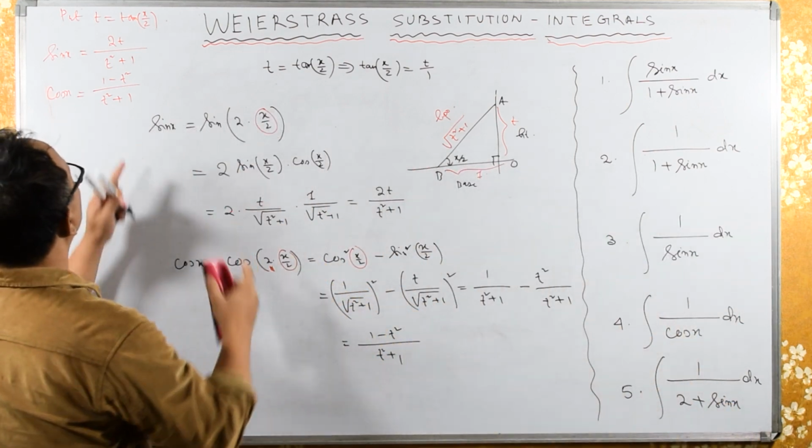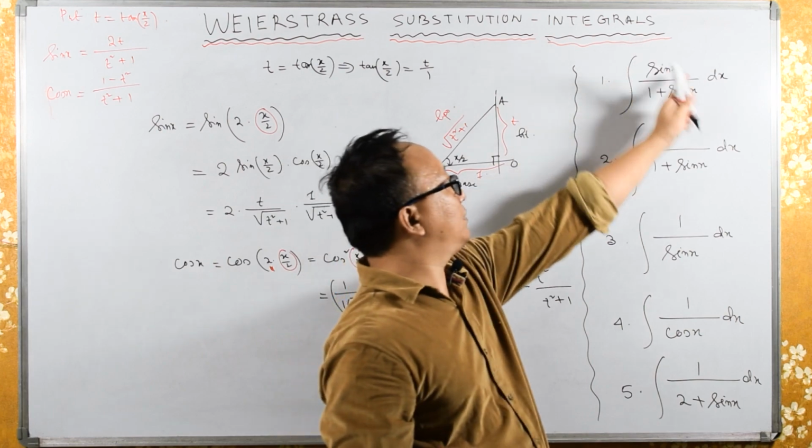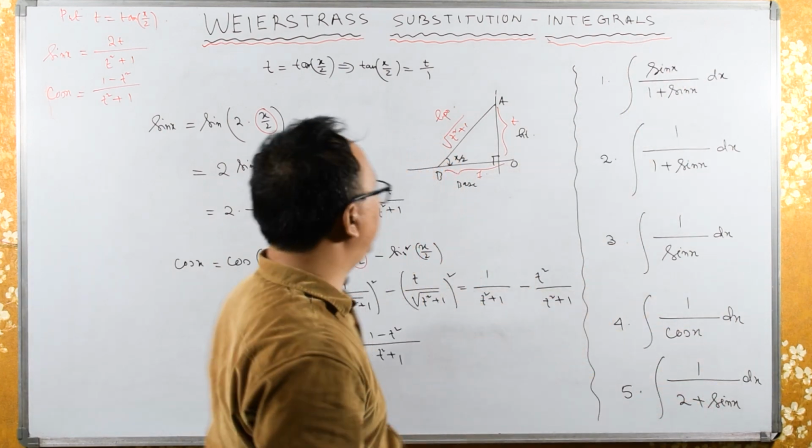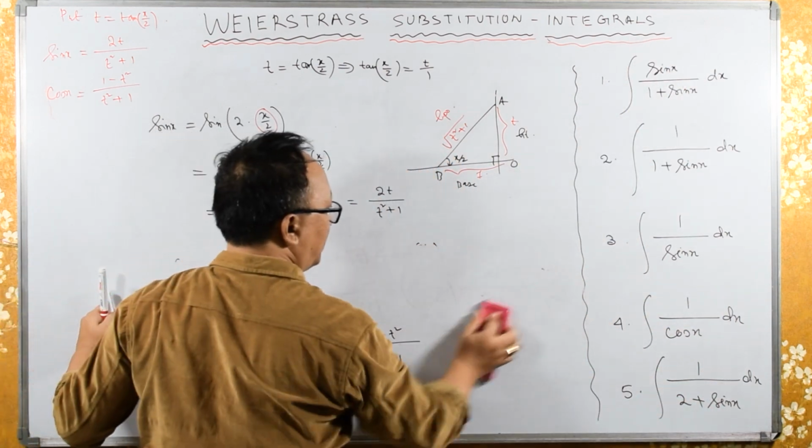So let's find out what we have. We have sin x and cos x, and we also have to find dx. Let's find out dx also.